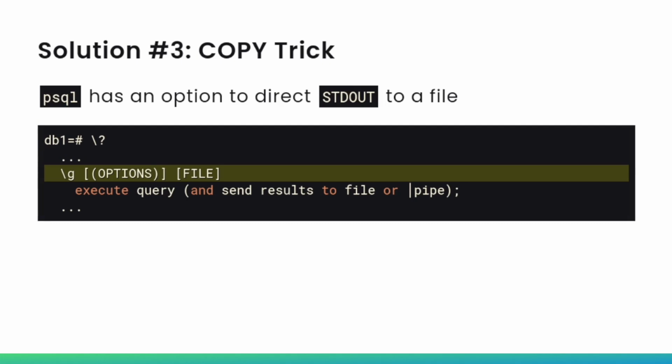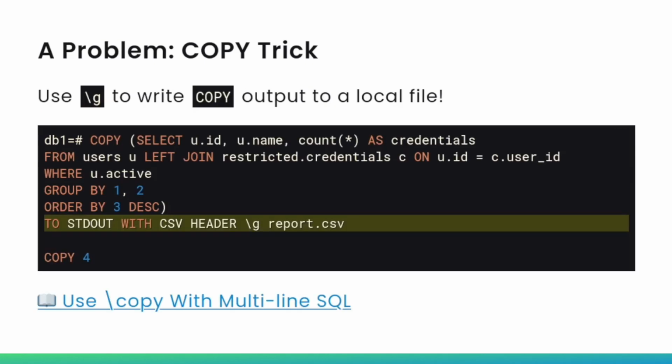Okay, so if we take these two together, check this out. We use the server copy command to provide a multi-line query, and then we direct the output to standard output. You can see that to stdout, okay? And then we use the /g command to direct standard output to a file on my local machine, in this case, report CSV.